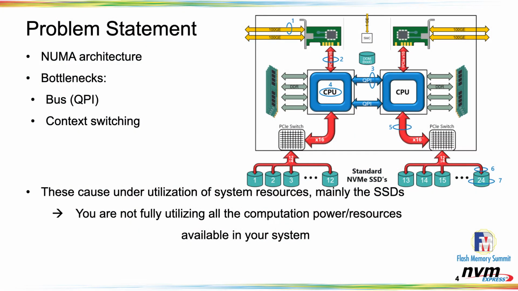So overall, all of these cause limitations that will lead to underutilization of the system resources, mainly the SSDs and other resources as well, which means that you're not fully utilizing all of the computation power and resources which are already available in your system.